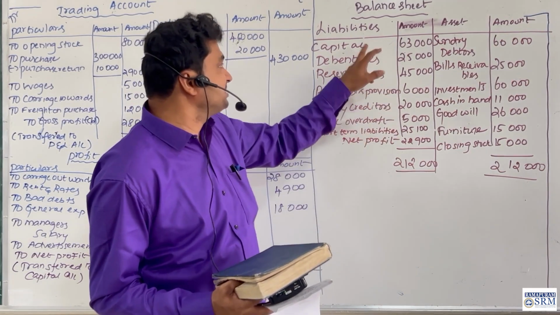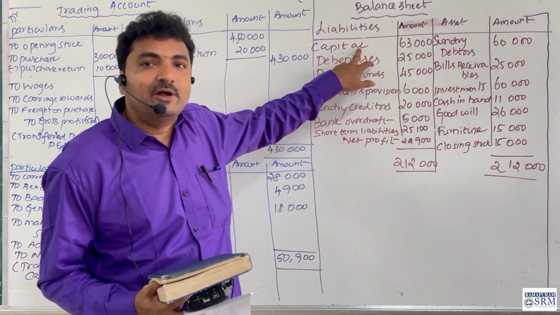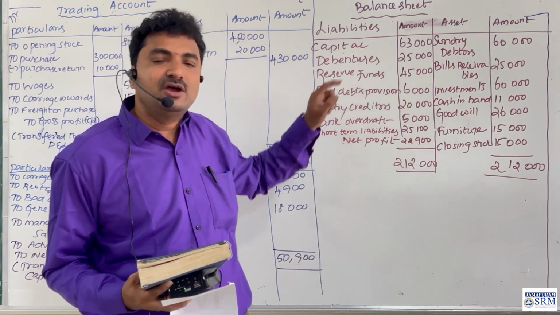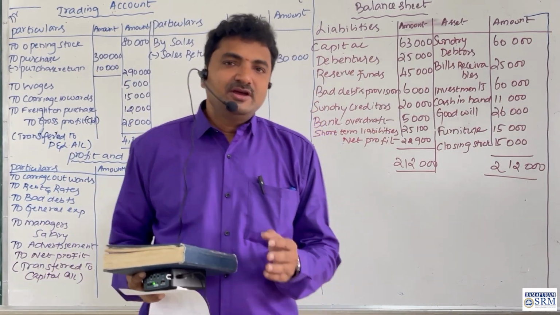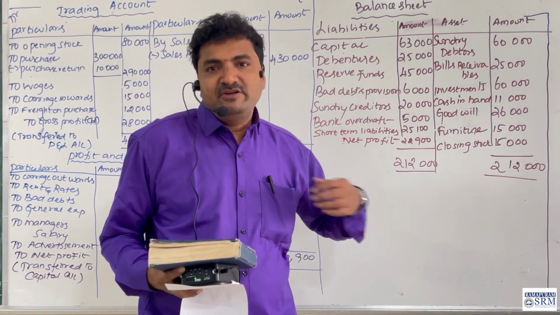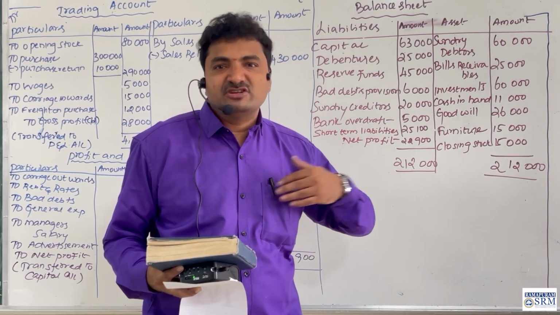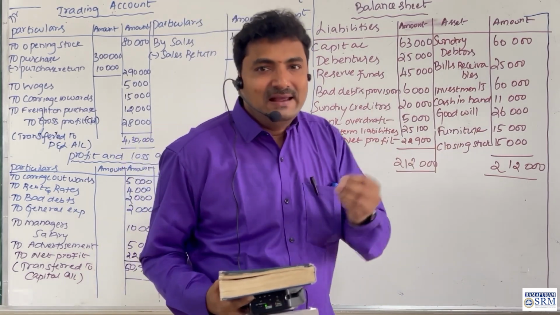The first one is capital. From an accounting point of view, capital means the proprietor's contribution. For example, if my friends and I started a company and contributed some amount from our savings or other sources, we call it capital.